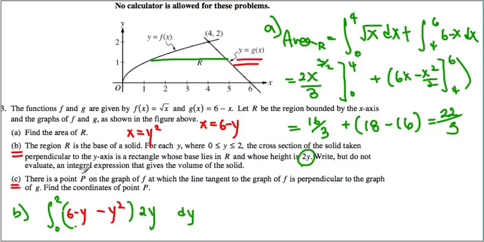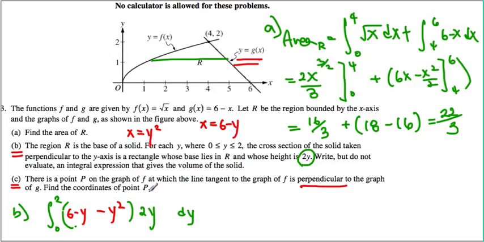There is a point P, okay, on the graph of f around here, at which the line tangent to the graph of f is perpendicular to the graph of g. Now, the fact that it's perpendicular means the slope has to be the negative reciprocal.